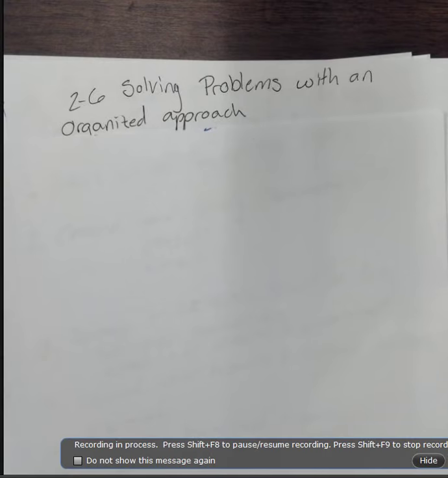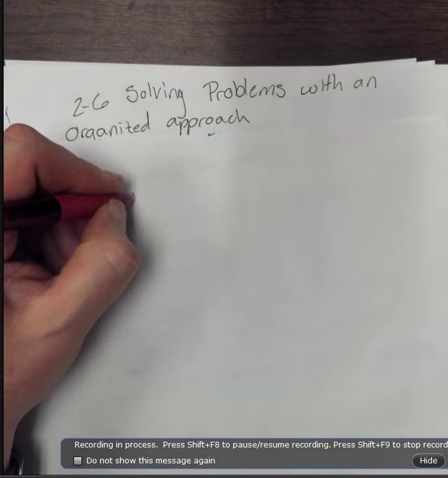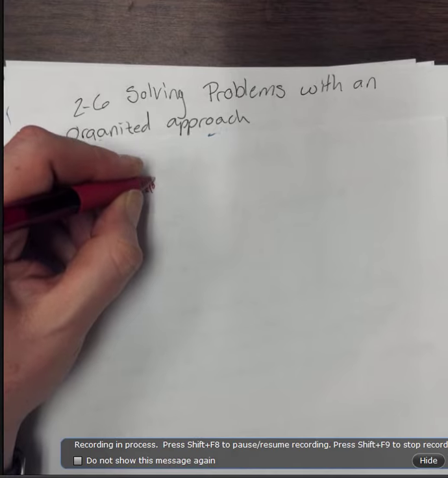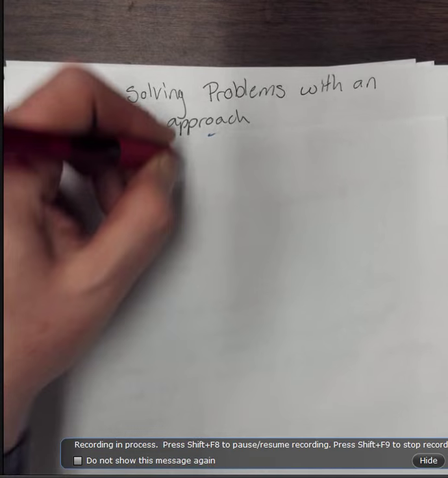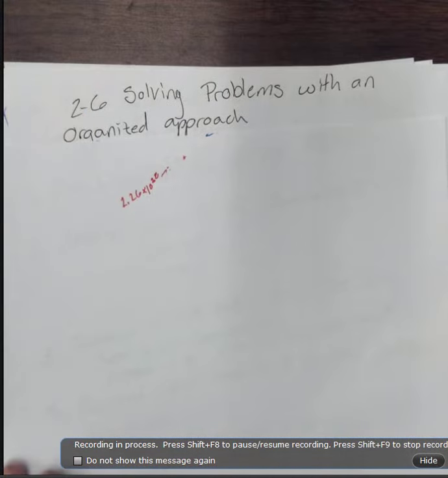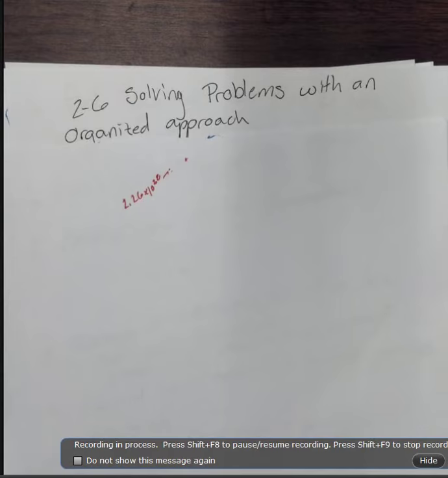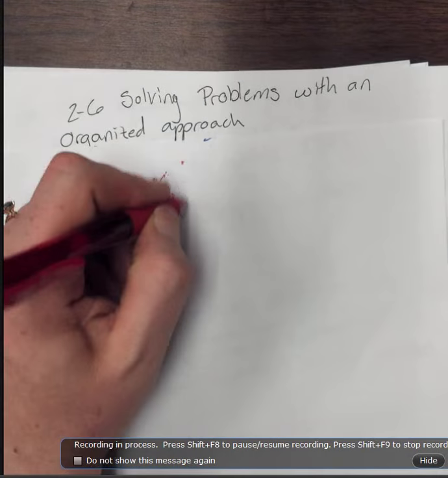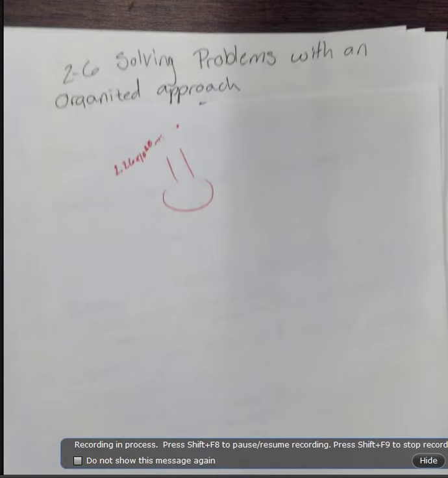So please use that paper to clearly organize and take up all the space you need when you're solving your physics problems. Do not write tiny and all over the place. Organize your work. Organization is not an accident. The better organized your papers are, the better grades and the bigger smiley faces I'm going to give you.